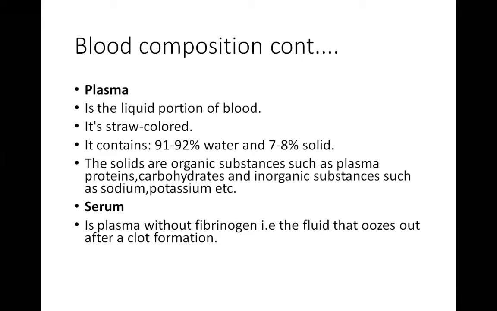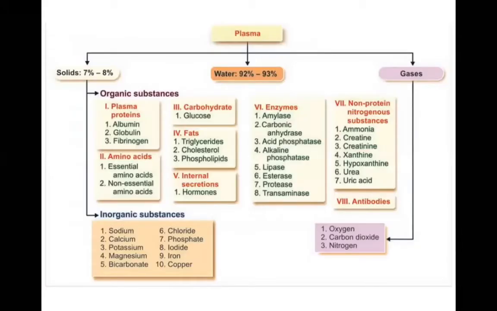Organic substances can be such as plasma proteins, carbohydrates, and inorganic substances such as sodium, potassium, and other ions. Then the serum is the plasma without fibrinogen. That is the fluid that oozes out after clot formation.